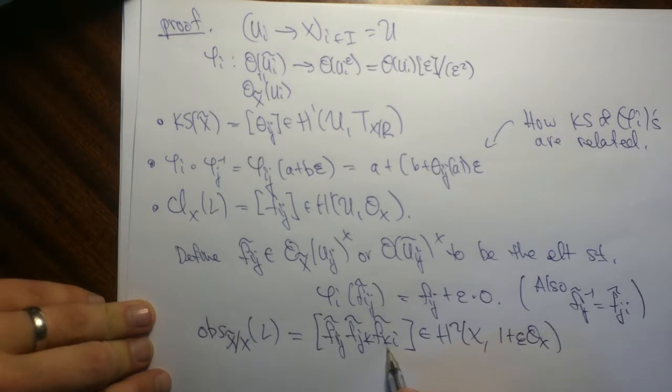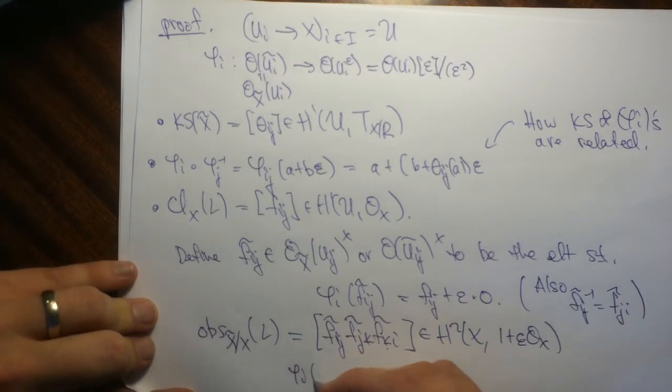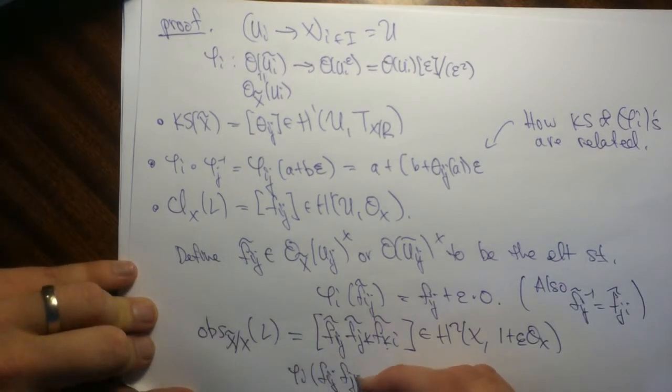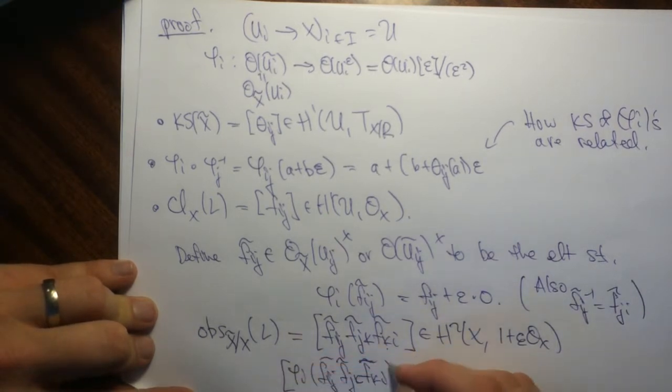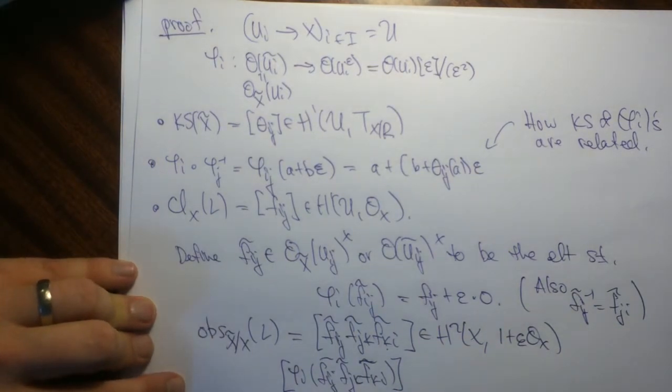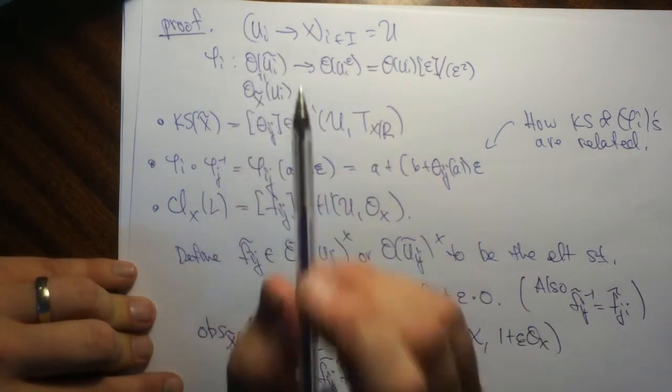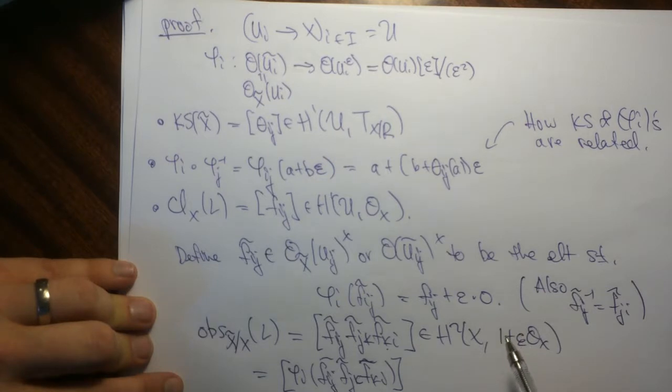So we want this to be in this thing here. I wanted to actually take this phi like so. So phi goes from here to here. Okay, so this makes sense.